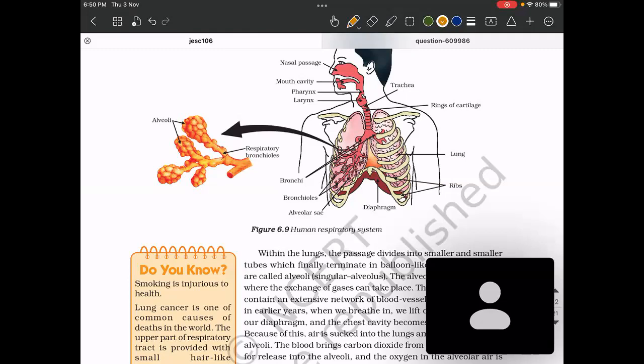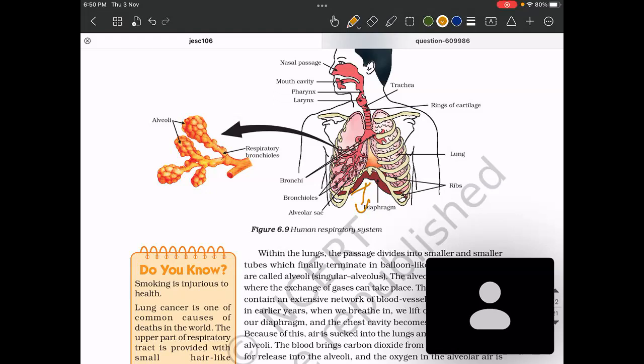Listen, actually the diaphragm lowers in inspiration. Because of that, there is an increase in the lung volume. Since the lung volume is increased, there is a reduction in pressure, and since pressure is decreased, air can enter.